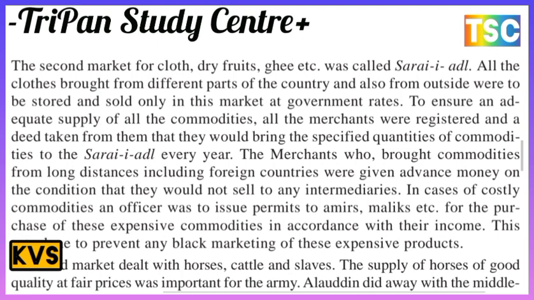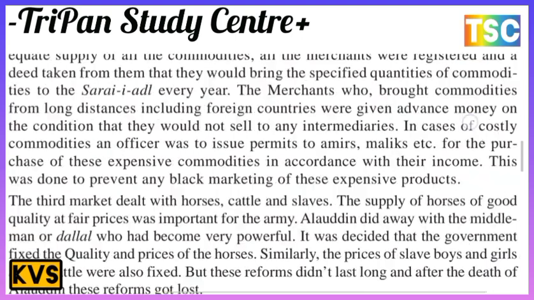In case of costly commodities, an officer was to issue a permit to the Amirs, Maliks, etc., for the purchase of expensive commodities in accordance with their income, and this was done to prevent any black marketing of these expensive products.